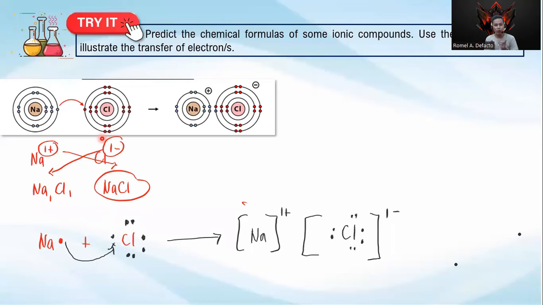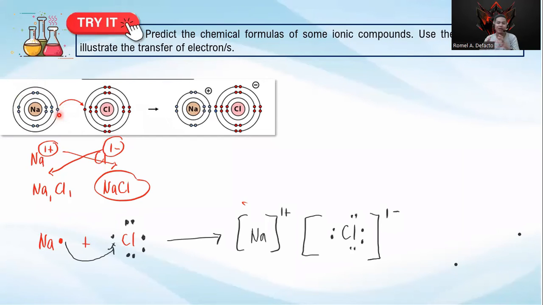Now, remember, when you focus your attention on the illustration, the Na here before the transfer of the electron is slightly larger compared to the sodium after the transfer. Why is that? It's because it lost an orbit when it donated one electron.